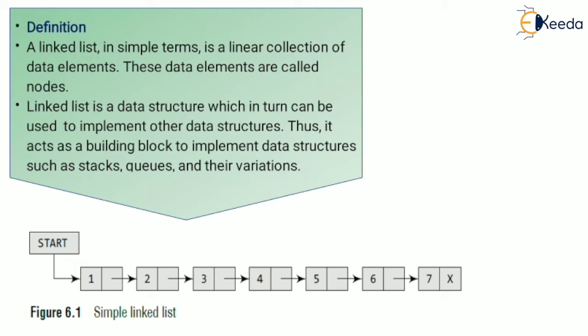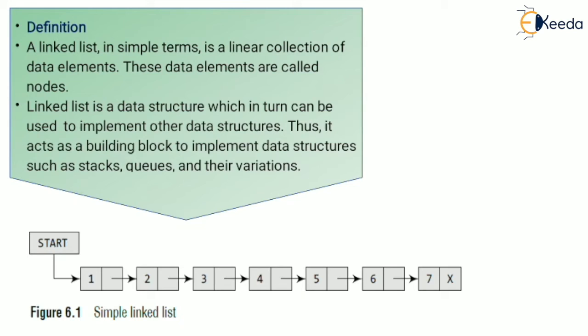I am repeating again that a linked list contains a pointer variable start that stores the address of the first node, that is node 1 with the element 1.